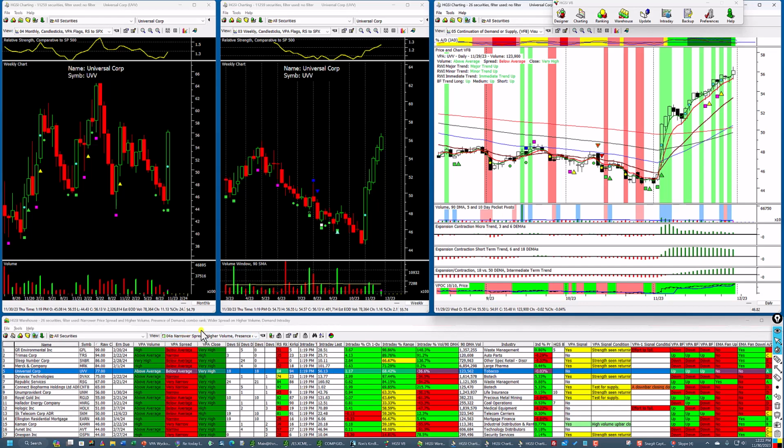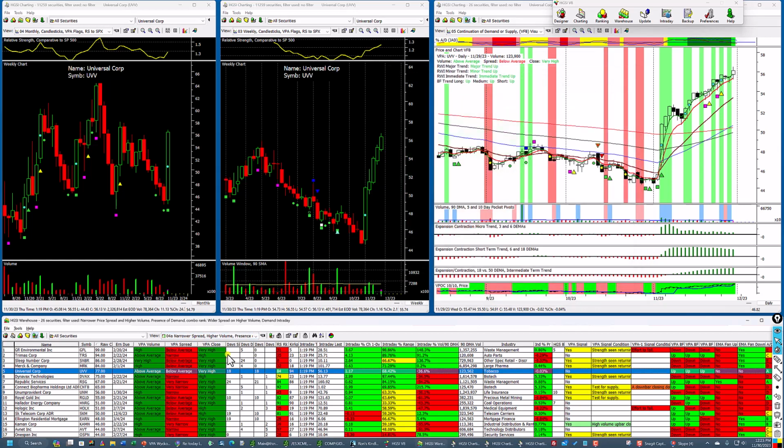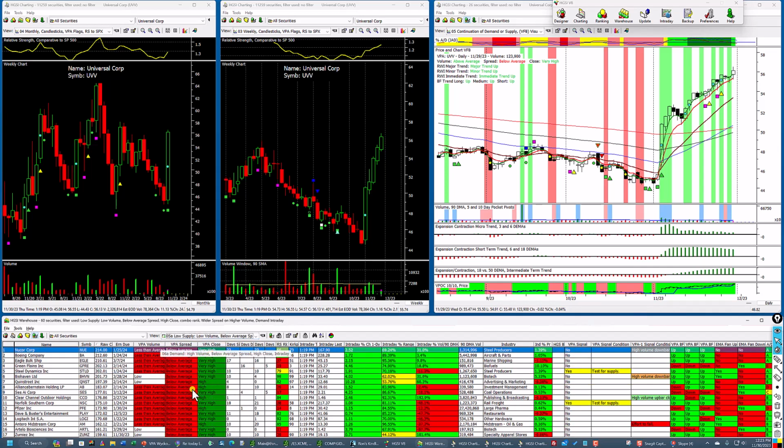Okay, let's check this one out. Look at this one. On narrow spread, higher volume, presence of demand. 64% today are up, 36% are down. Okay, low supply, low volume, below average spread. So you can see these columns are red and white, but the close was very high on these.